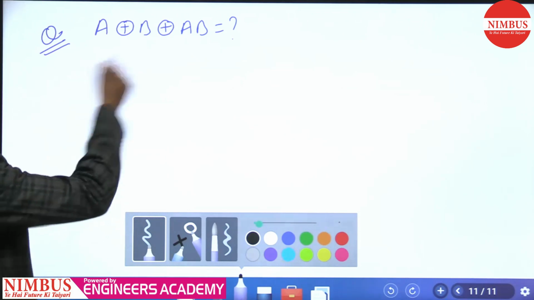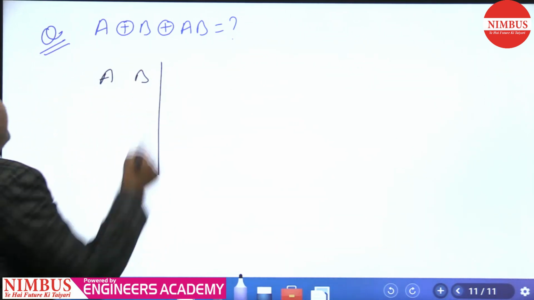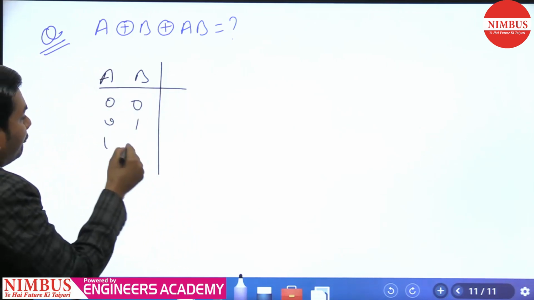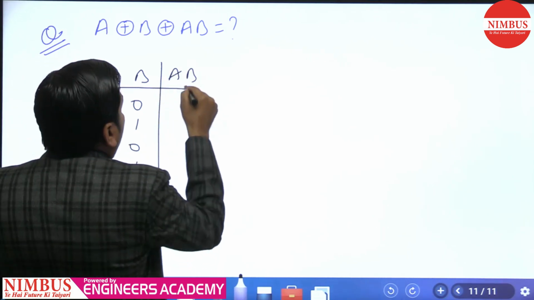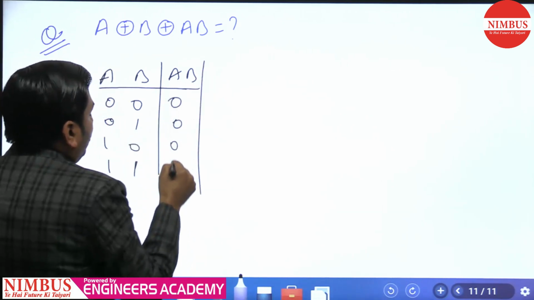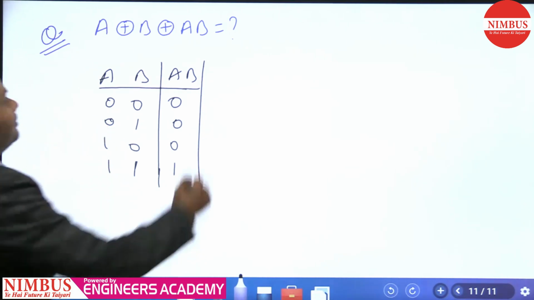A simple solution for this question will be, we are having A B, that is 0 0, 0 1, 1 0, 1 1. For the AB product we are having 0 0 0 1, right?